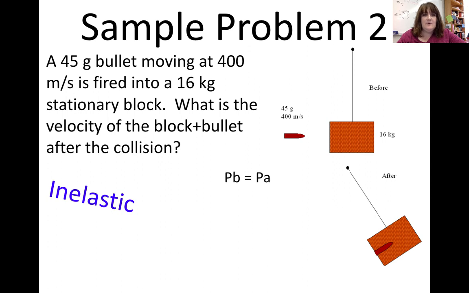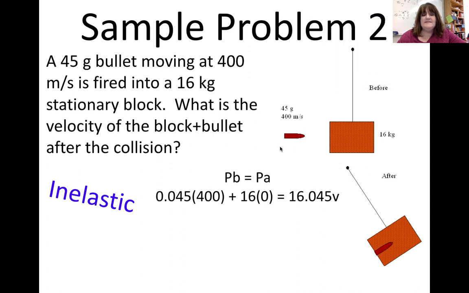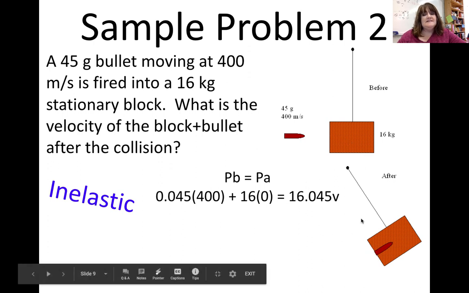So the key equation that we need again is momentum before is equal to momentum after. So we have before the bullet by itself, 0.045 times 400 plus 16 times 0, because it's not moving, equals 16.045.